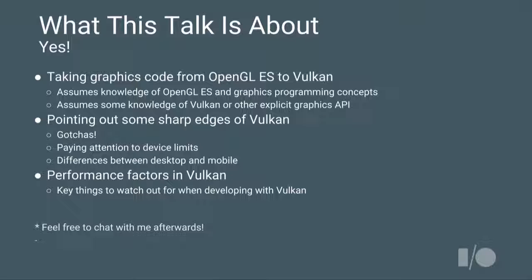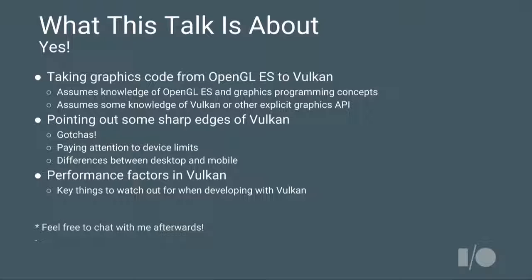So what this talk is about, the bulk of this talk is how to get up and going in Vulkan in a kind of large way, not just writing sample code, but actually getting something to production. It assumes that you know about OpenGL ES, and that you know a little bit about Vulkan or some other explicit graphics API like Metal or DirectX 12.